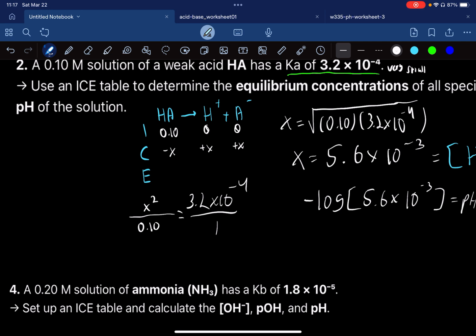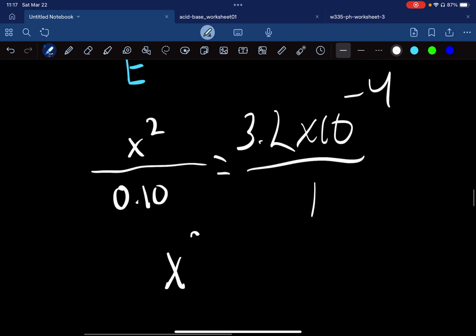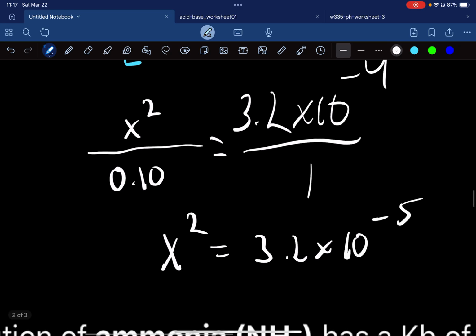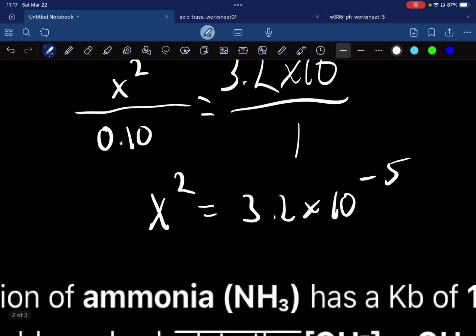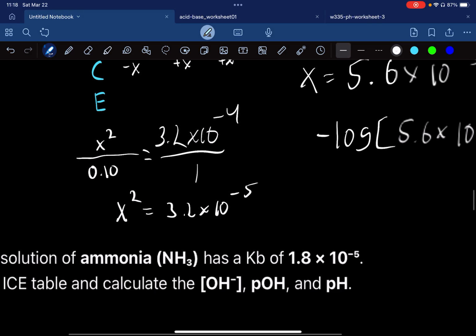I apologize, I'm just quickly calculating these. All right. So if you cross multiply this, you should get x squared is equal to 3.2 times 10 to the power of -5. And then let's square root this. Yeah, I got the same thing.